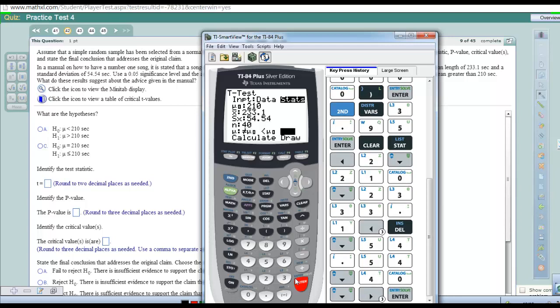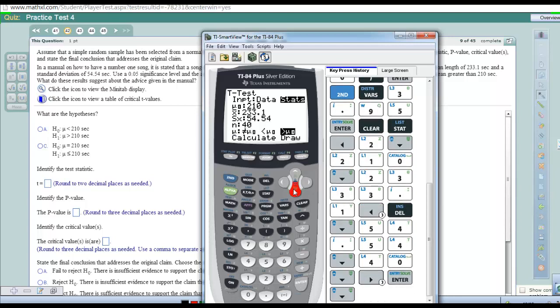That's how I would set that up. If we're doing a traditional method, then we would have to get those critical values like we talked about earlier. If we're doing a p-value method, I can look right here and tell that I'm going to reject the null hypothesis based on the p-value.